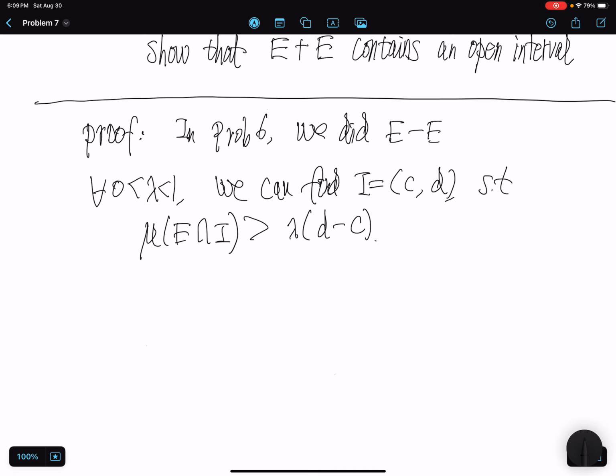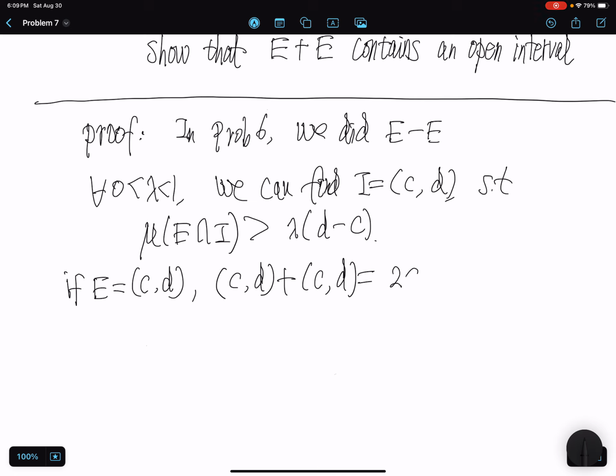First, let's guess what this open interval could be. What are the two endpoints? If E is this interval itself, then the sum set is the interval from 2C to 2D.